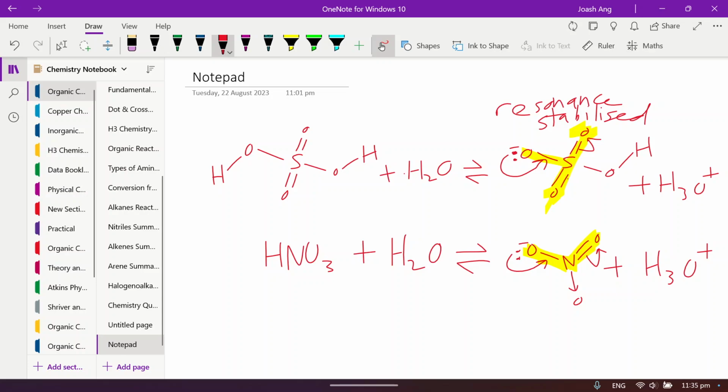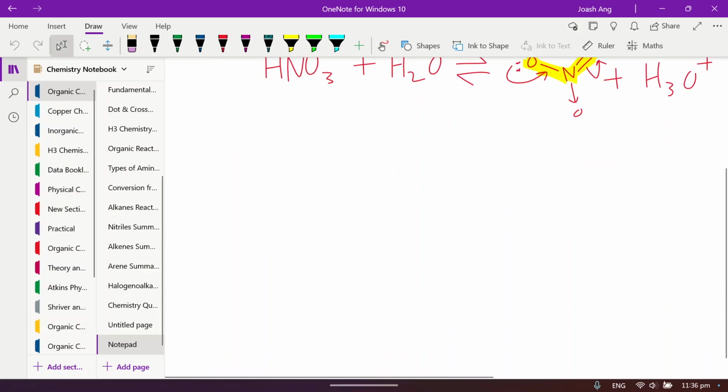That is why H2SO4 is a stronger acid. To be more specific, it's a stronger Bronsted-Lowry acid, so it would be able to donate a proton.